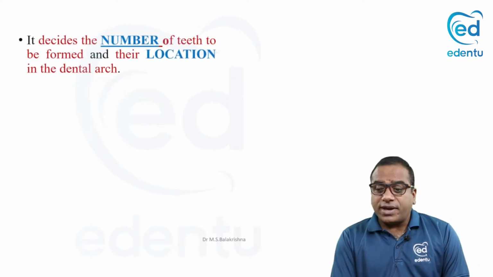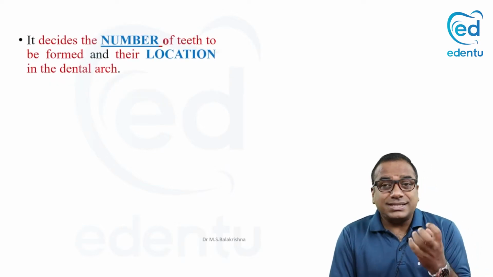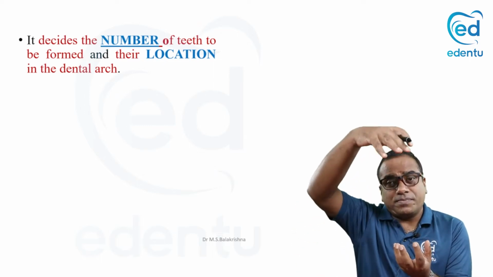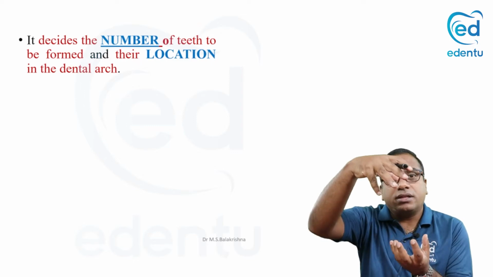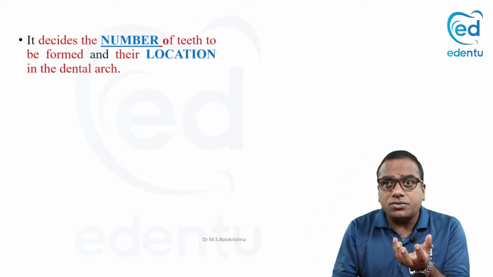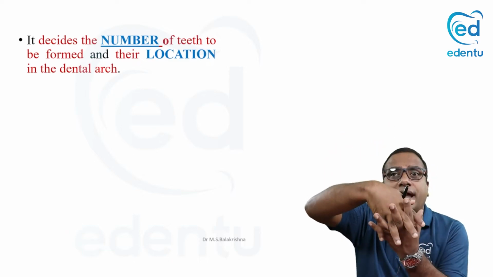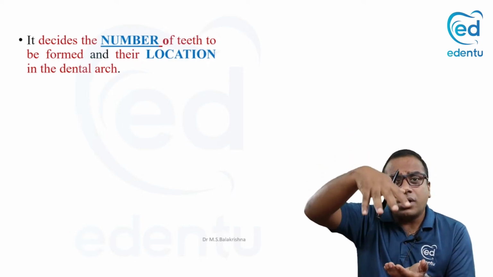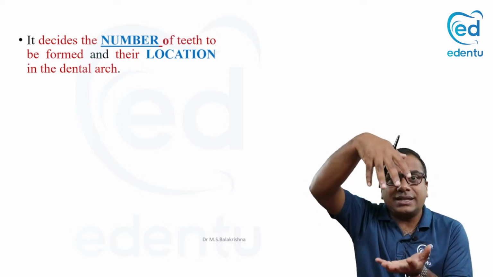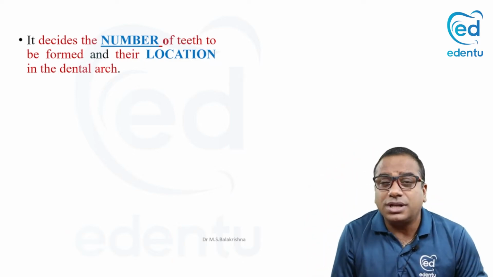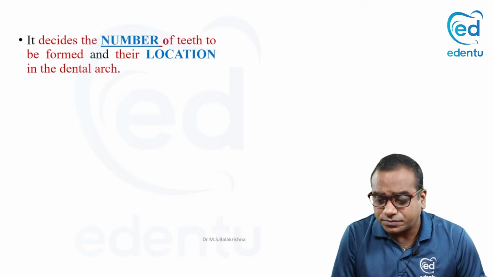Now in the initiation phase, what is initiation? It is where your mesenchyme, that is your ectomesenchymal connective tissue, and the epithelial tissue above it, both interact. When the oral ectoderm, epithelial tissue and the connective tissue interact, that results in the formation of the tooth. That is the very beginning we have discussed.